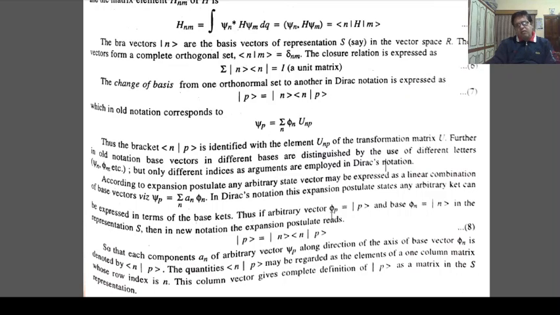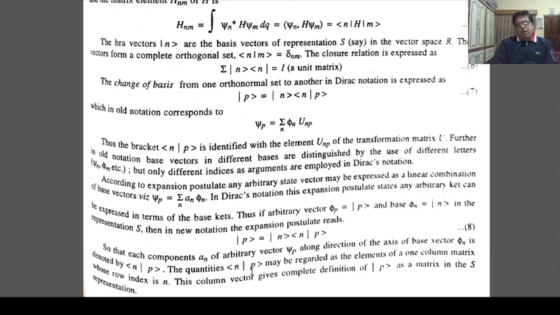Thus, if arbitrary vector φp equals ket |p⟩ and base φn equals ket |n⟩ in the representation S, then in new notation the expansion postulate reads |p⟩ equals summation |n⟩⟨n|p⟩, so that each component an of the arbitrary vector ψp along the direction of the axis of the base vector φn is denoted by ⟨n|p⟩.